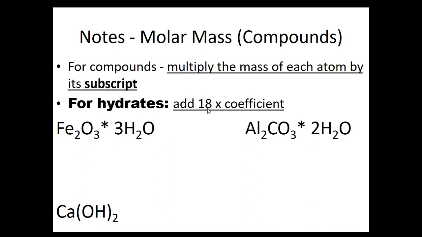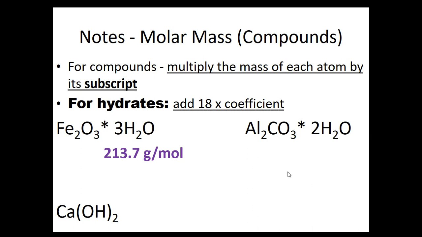You take that 18 and multiply by the coefficient in front of it, and then you add that to whatever molar mass you already calculated. So for this one, 18 times 3, and you add that to the total of this molecule right here. You're going to have a total of 213.7, and the unit is grams per mole. That's with those 3 waters added in.